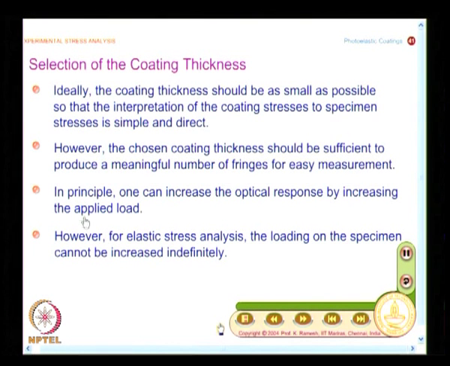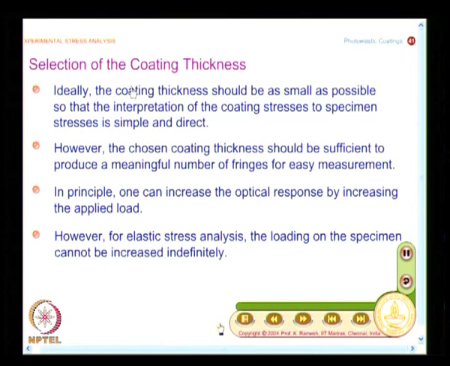Increasing the applied load, I cannot do it comfortably beyond a limit in the case of metallic components when I do an elastic stress analysis, because if I increase the load, the specimen may start yielding. You do not want the specimen to yield in normal service condition. So, there is an upper limit to which I can load it.